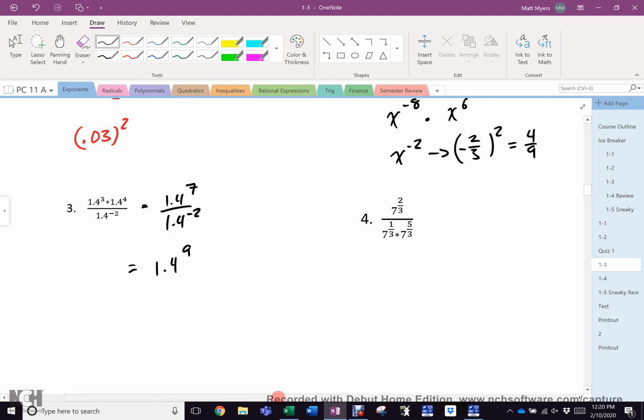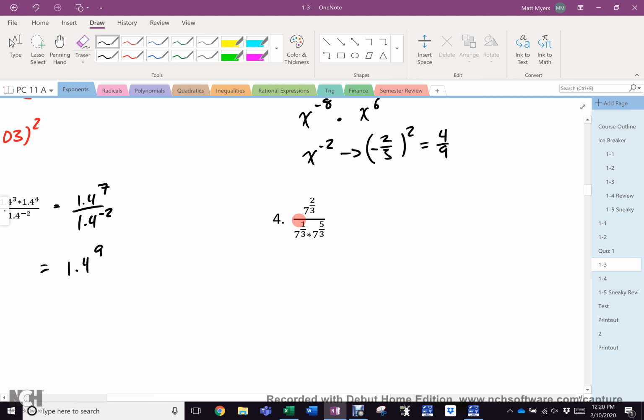Where should I start with number 4? I should start with the denominator. What should I do? I should add the exponents. And what do I get? Which is? 6 over 3 is 3 over 2.